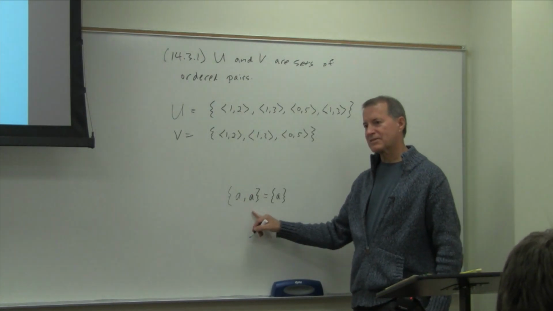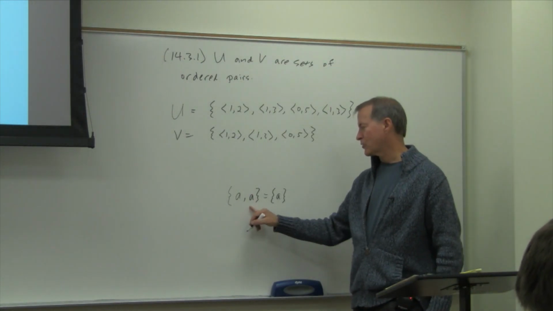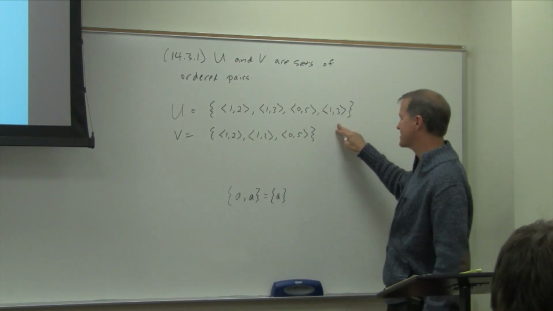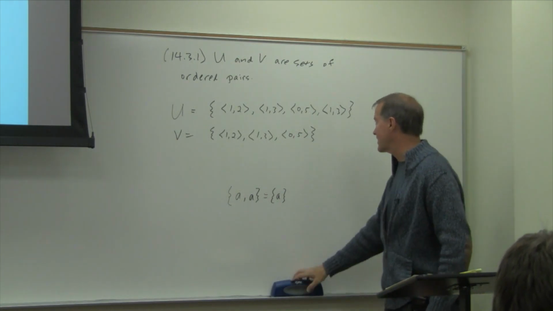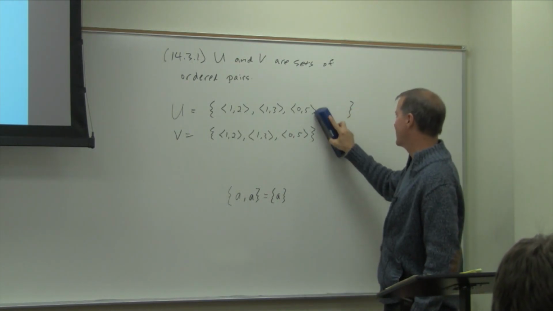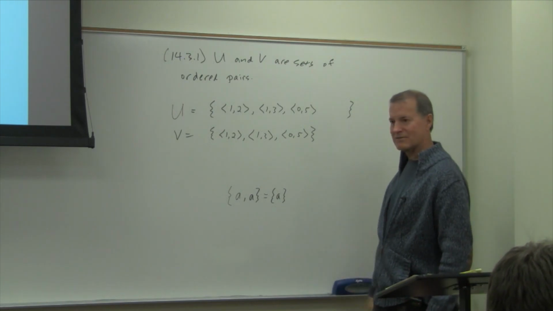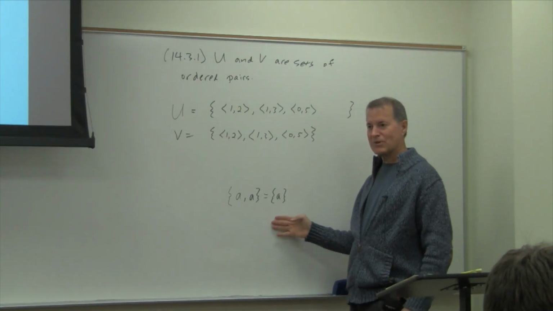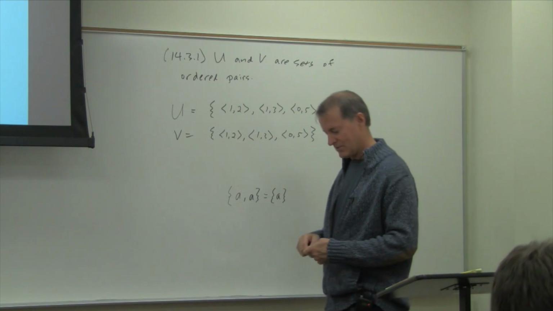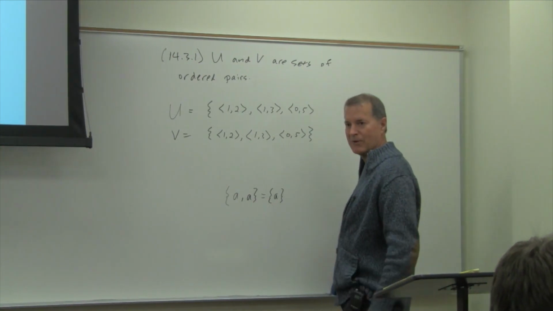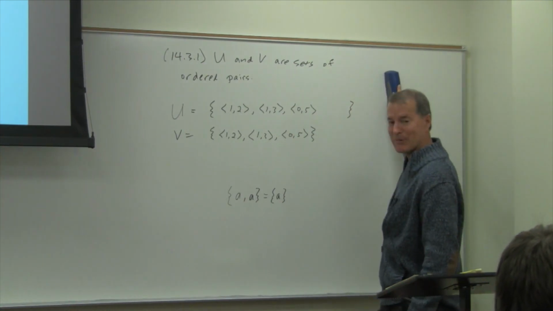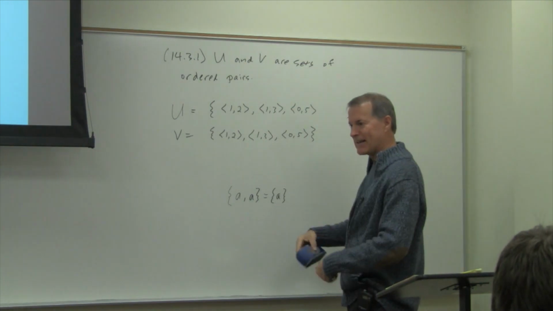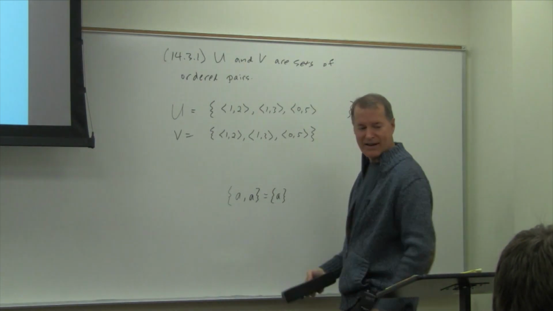So duplicates are redundant. This set is the same as this set, and it is equal to this. That was a nice recall, nice question. So everybody, are we all good? We're reviewing all these good properties of sets, and we're just making them sets of ordered pairs now.